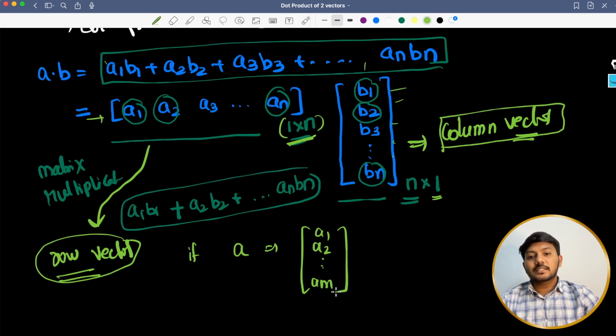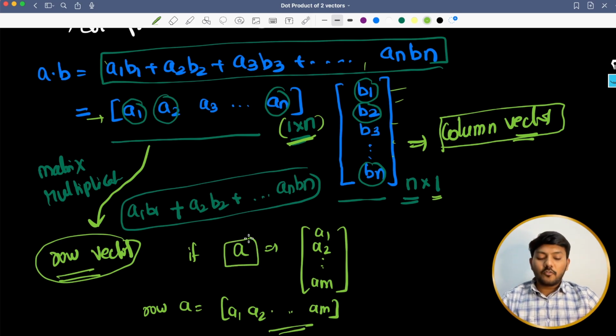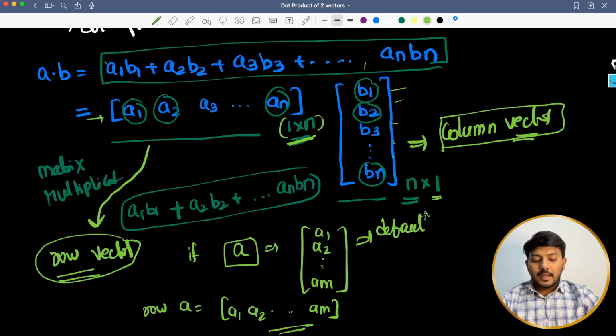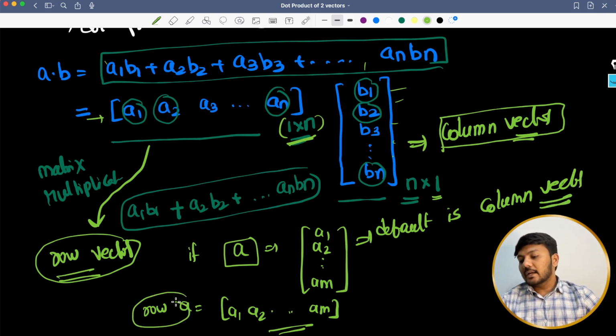And if someone says a row vector a, then it will look something like this. So please remember, if someone says a vector a of n dimensions, by default it is a column vector. And if someone specifies it as a row vector, then only it is called a row vector.